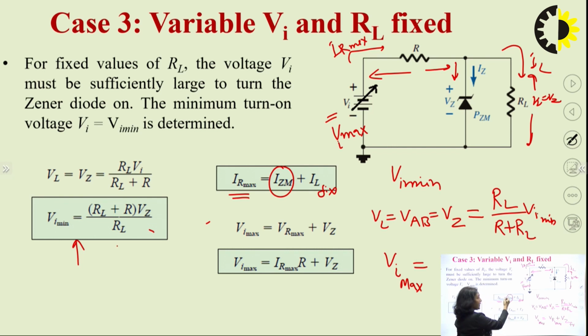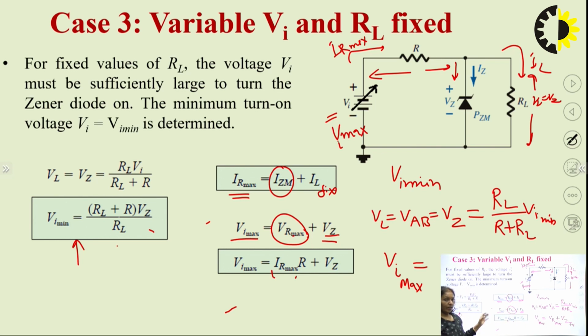Once we calculate this IR maximum, we can easily calculate the VR maximum, which is equal to IR maximum times this resistance R. R is fixed. Once you calculate VR maximum, Vi max can be calculated by adding this value with Vz. So Vi max is equal to IR max times R plus Vz.